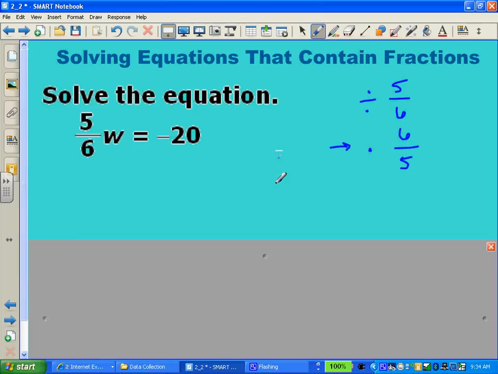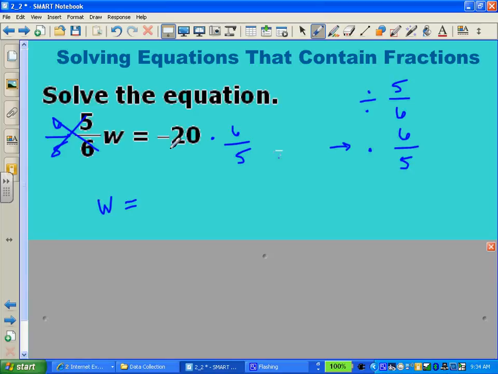So I'm just going to do this instead, because that's what I'll end up doing anyway, so I'll save myself a step. So when I have a fraction, I'm going to multiply by the reciprocal. So I'm going to multiply here both sides by 6/5. 6's cancel, 5's cancel over here, I'm just left with W.